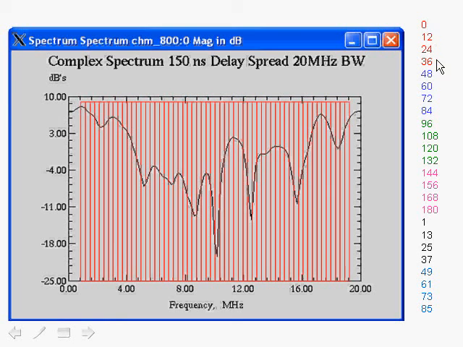Obviously the bits within this first carrier are permuted such that they are not adjacent to each other. They are separated by at least 12 bits. If we go to the next carrier, we also see that within the carrier the bits are non-adjacent to each other and separated by at least 12 bits.